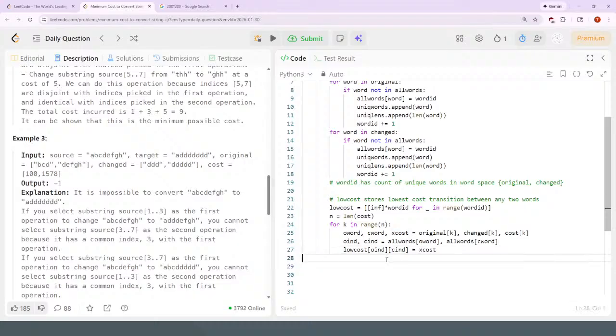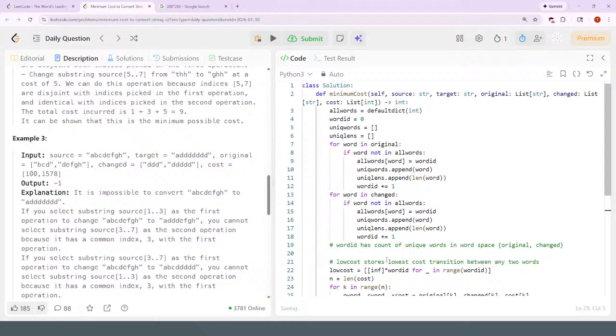Okay, so from yesterday, I need to basically start with every possible word and consider how it transitions. So for k in range n, no. It's the word index, so I'll just use w index, windex, in range the number of words.